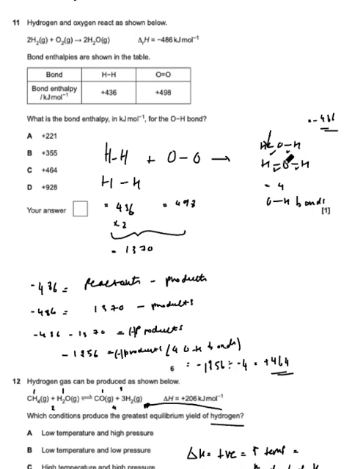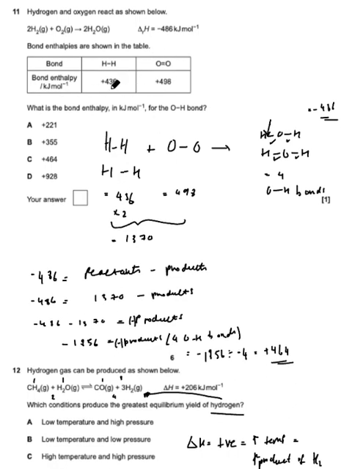Yeah? So, let's see what we have in terms of the numbers, so bond enthalpies. So we have 436 for 1 H bond, and we have 2, so we're going to times that by 2, and we have 1 O bond to O, and so that's plus 498. We add them together, and we have 1370.